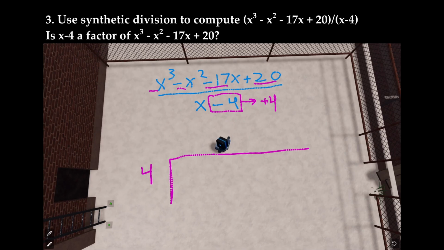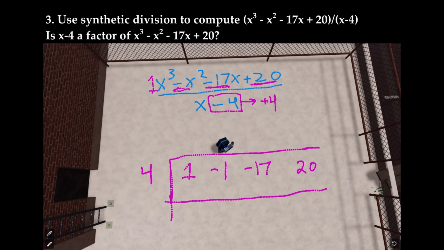So x cubed has a hidden coefficient of 1. So I'm going to put a 1 here. That minus x squared has a coefficient of minus 1. Minus 17x has a coefficient of minus 17. And then plus 20 is just plus 20. And then now you proceed with synthetic division. So first step is you always drop down the first number inside the table. So drop down the 1.